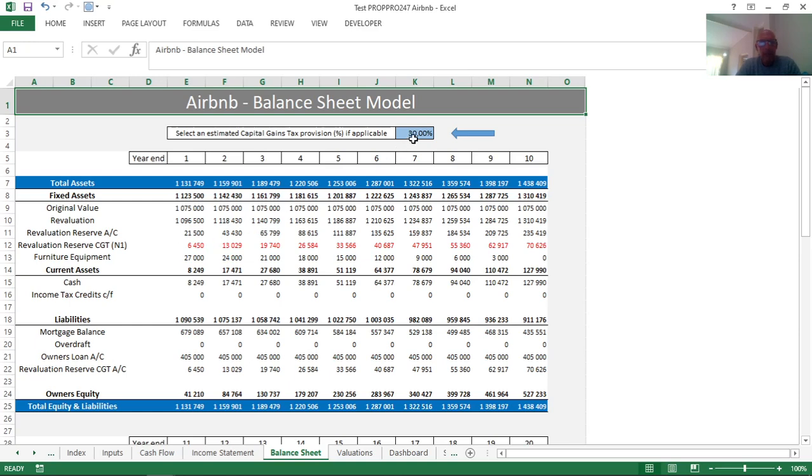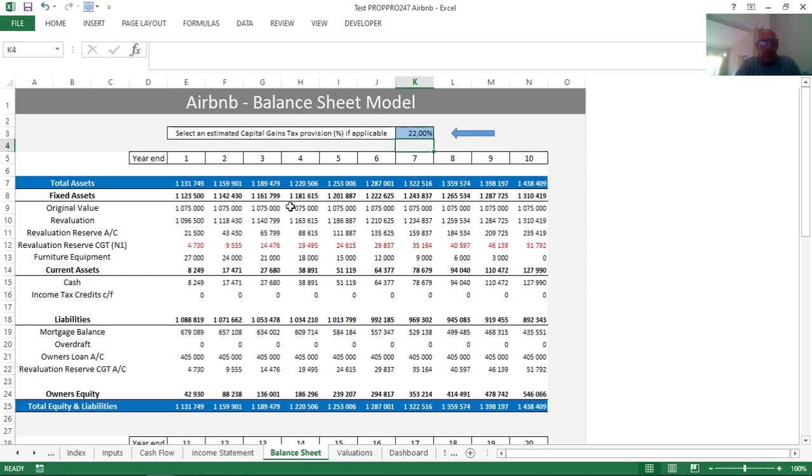Now this you can alter. This is for realistic valuations. In case you exit the investment at any stage of the game, we have to consider capital gains tax. So you might be in a state or territory where the average would come out at 22% for you, and all these figures will be altered.